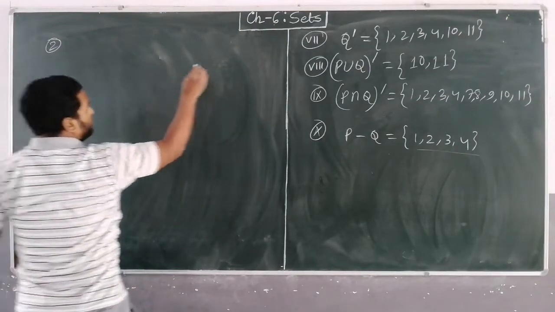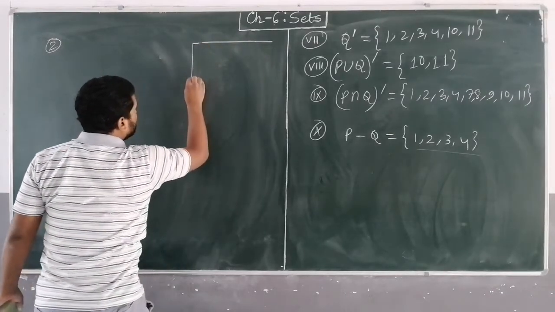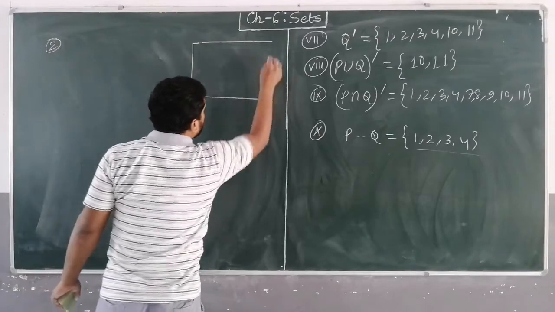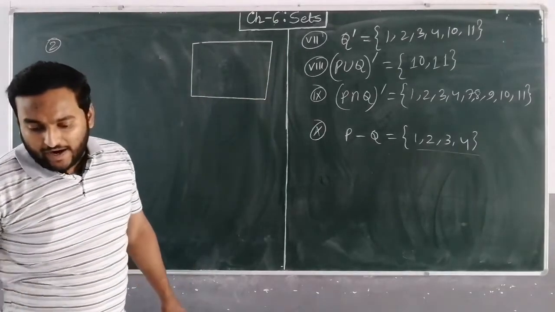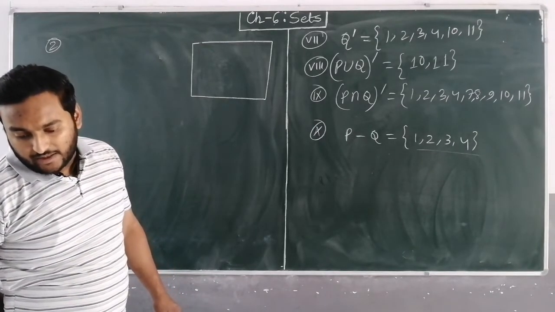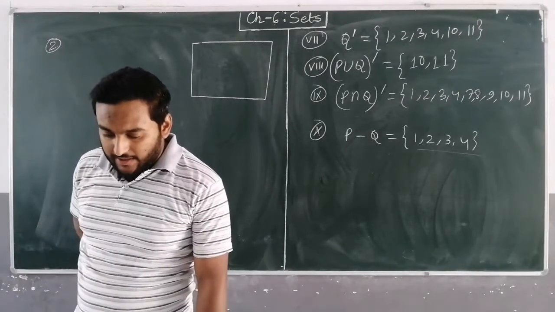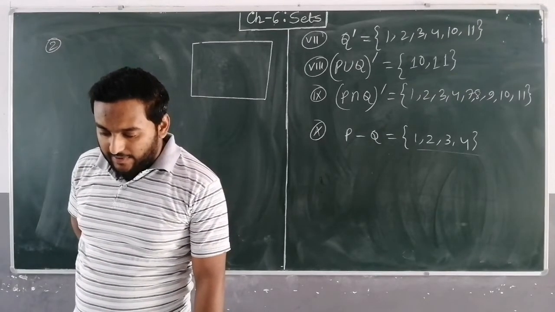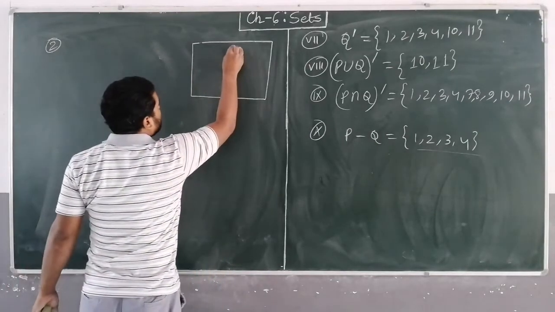It is given: find the given set depicted in the Venn diagram, write the set. So 2 sets are given.